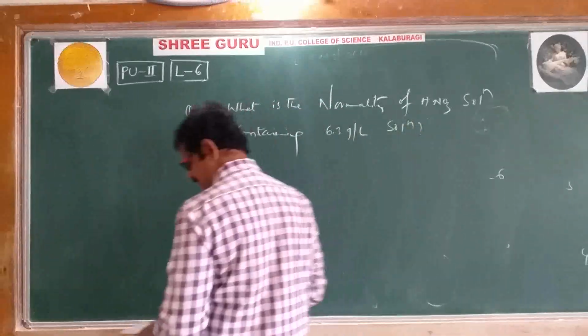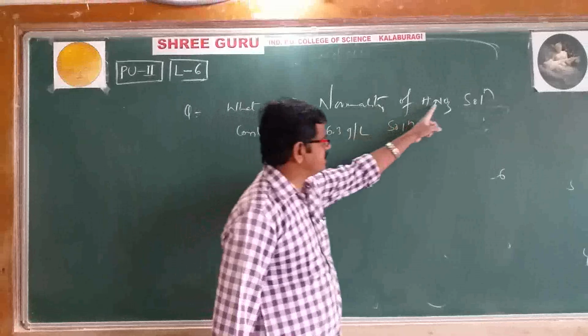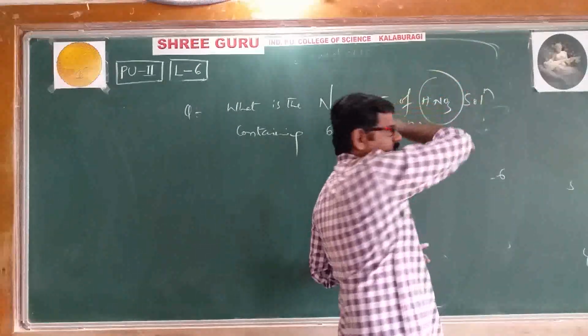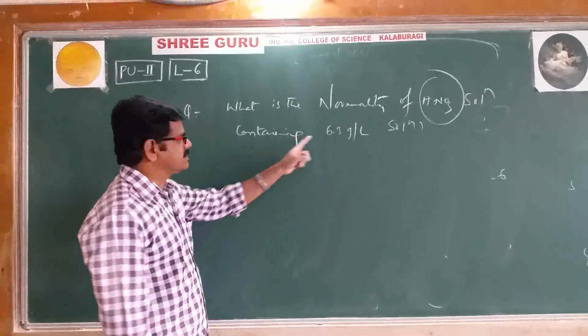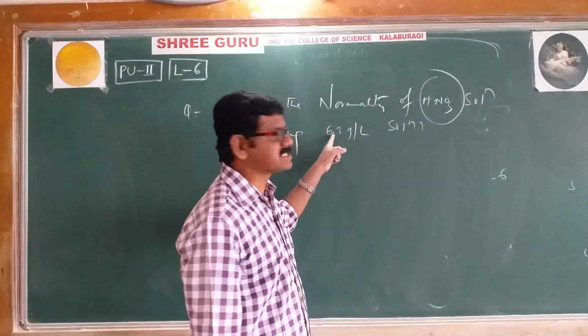That's it. Very simple question. HNO3 is the solute, containing 6.3 grams per liter of solution. Here HNO3 mass is 6.3 grams.